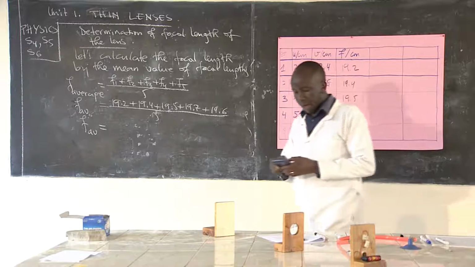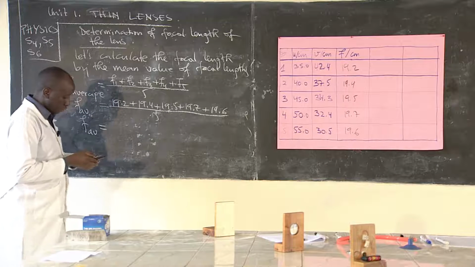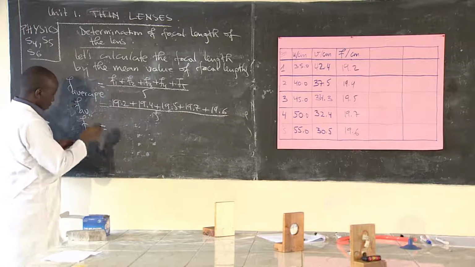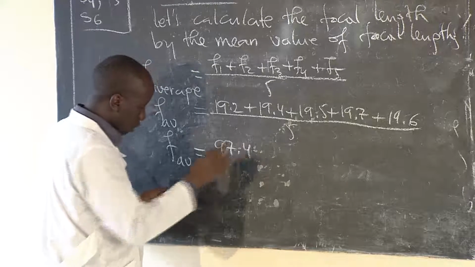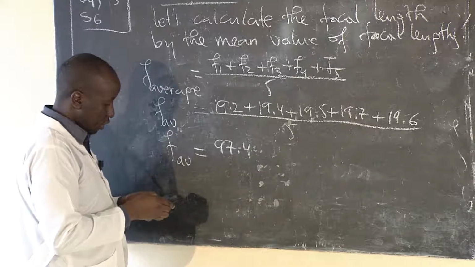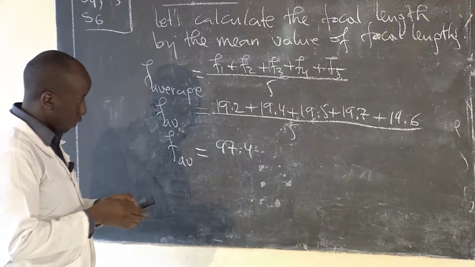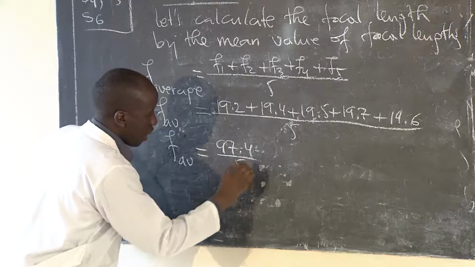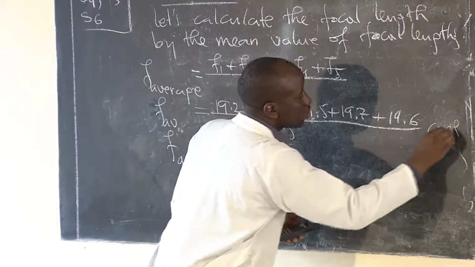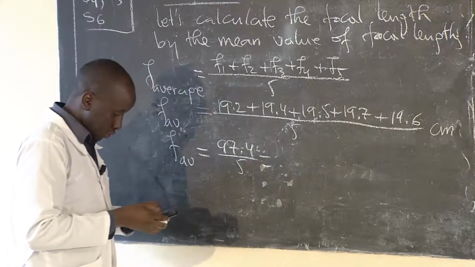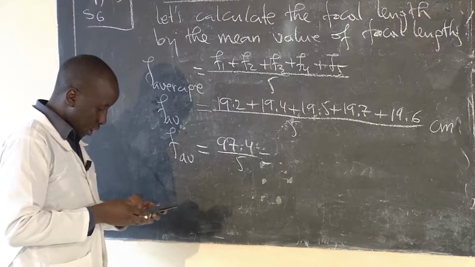So we add these ones. So we have the values, and it is equal to 97.24, yes, and then we divide over 5. Remember the answer here has to be in centimeters.